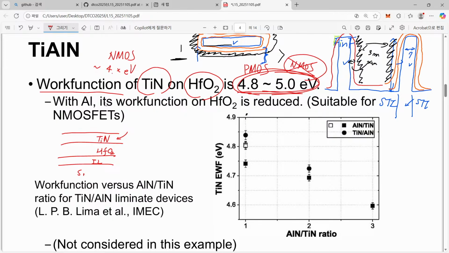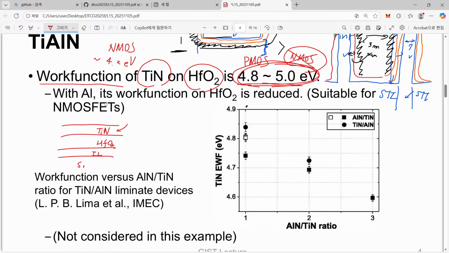Quite fortunately, there is an additional aluminum component. If, instead of this titanium nitride, we introduce aluminum nitride, it shows much different work function behavior. And instead of full aluminum nitride, we introduce a certain composition between titanium and aluminum.